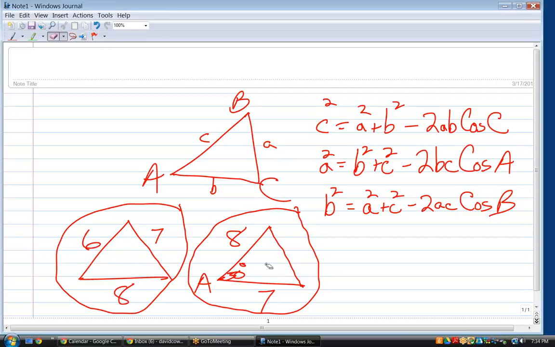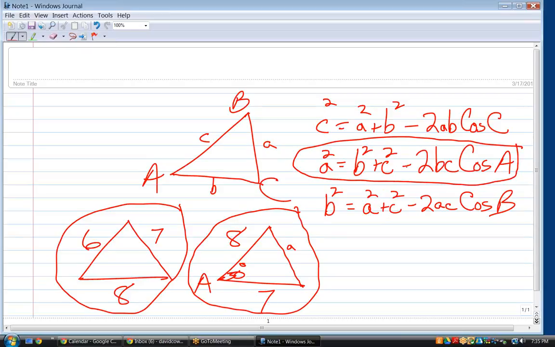Same here. In other words, in this case, that's side A. Well, if I go to solve for side A, I know that this applies. I know B, I know C, and I know the cosine of this angle.